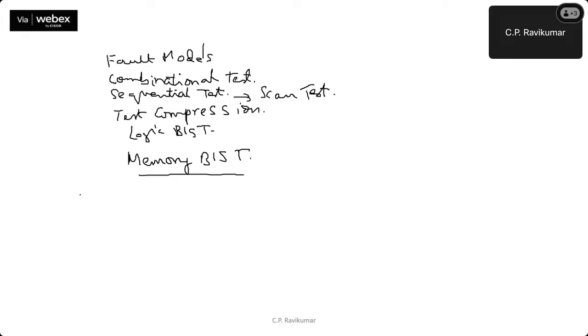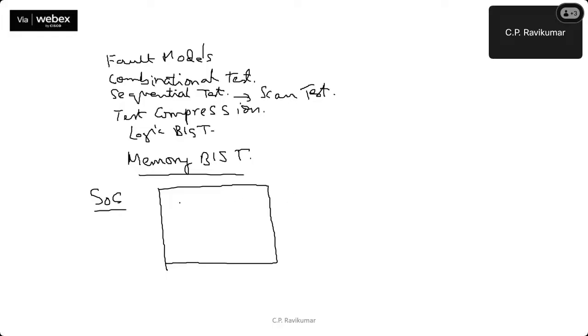So in any system on a chip, right, you will have more than one memory. There was a time when memory used to be off chip, and the processor used to connect with an external memory.